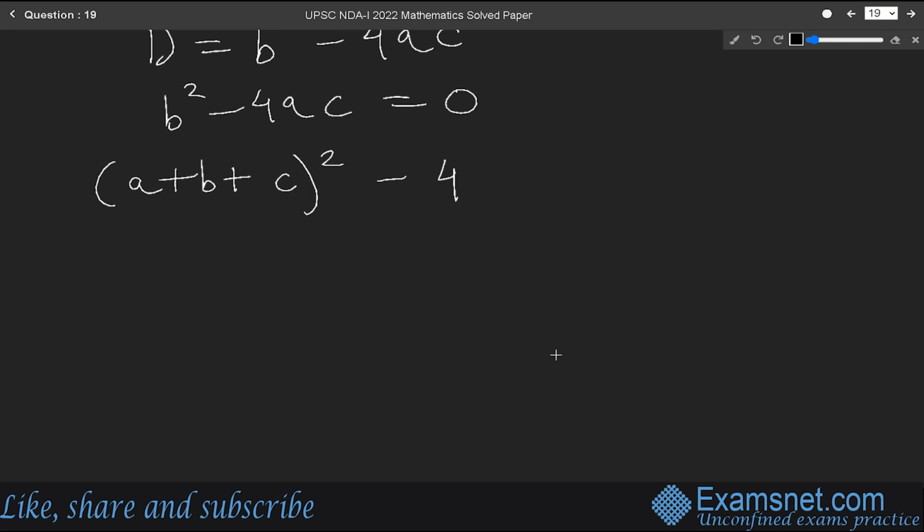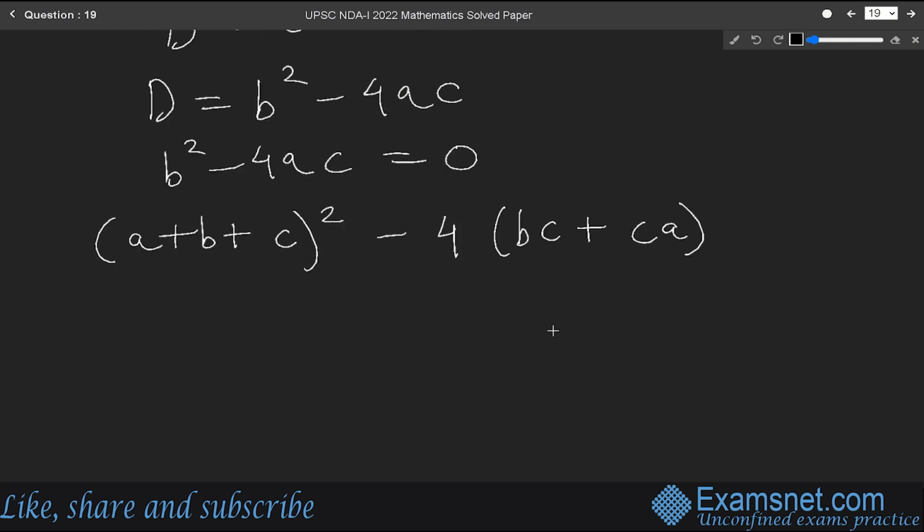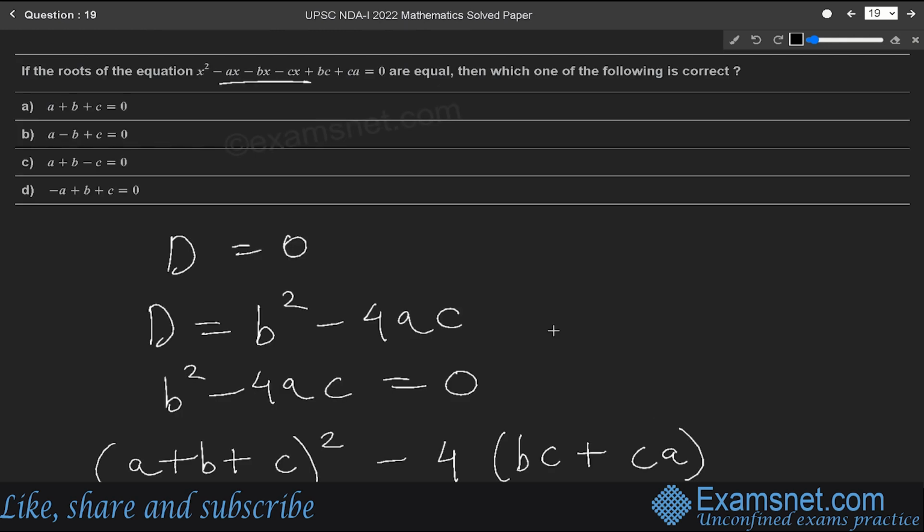Now, what is the value of ac here? The value of a is 1 and the value of c is bc plus ca. You can again see in the equation the value of a is 1 and the value of c is bc plus ca. We are comparing it with the equation ax square plus bx plus c.